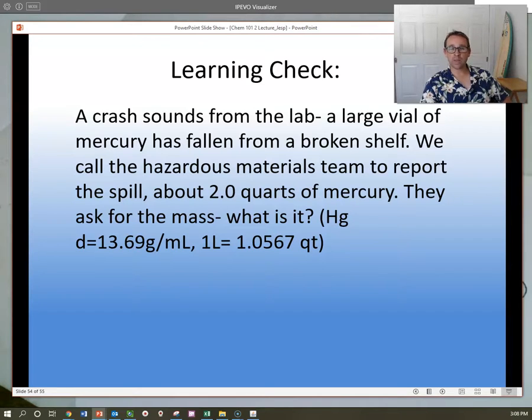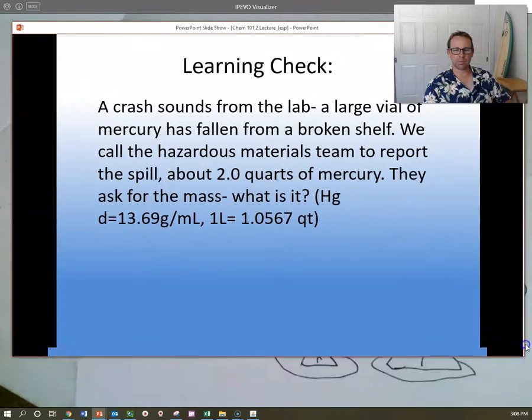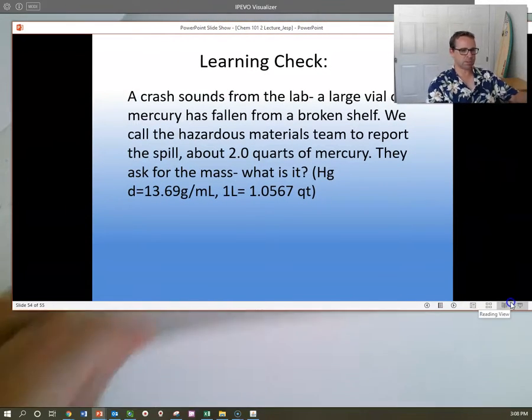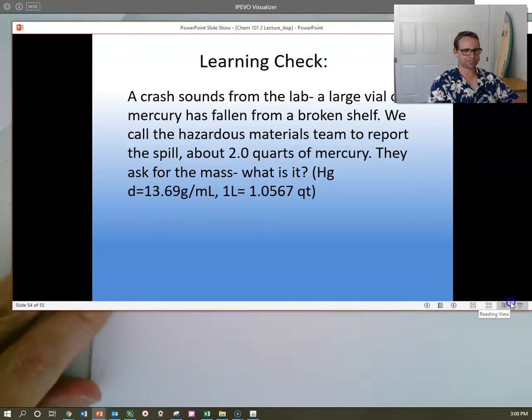We know that the bottle says 2 quarts, and the bottle spilled, so 2 quarts fell on the ground, but they're asking how much mass of mercury is on the ground. Okay? So we need to set up a dimensional analysis to answer this question.